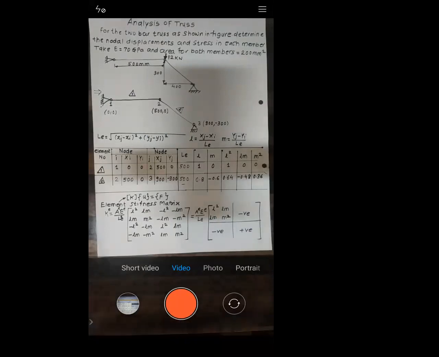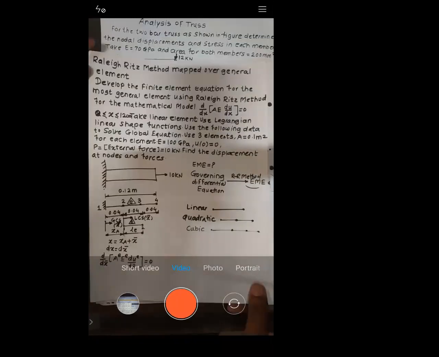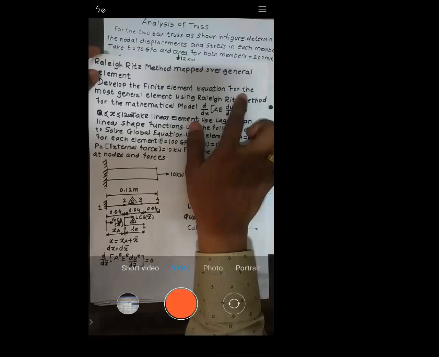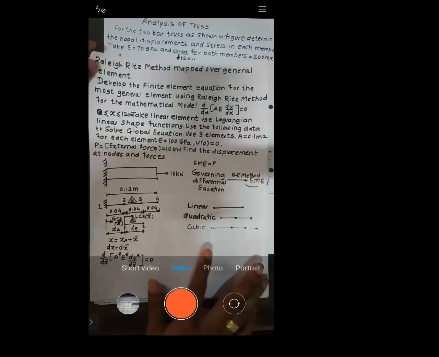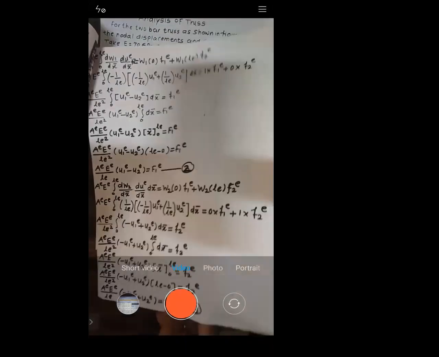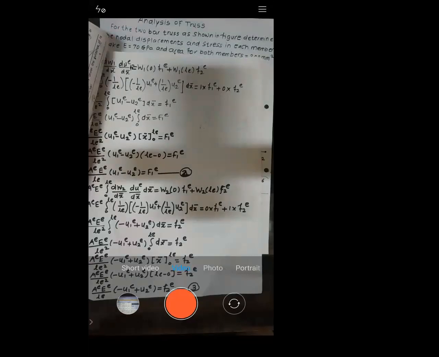If you are not remembered, let me clear you. This was the governing differential equation, basically for the bar under axial load. We solved this governing differential equation using the exact method. At the end we got these equations, and when we summarized them, we ended with this EME.